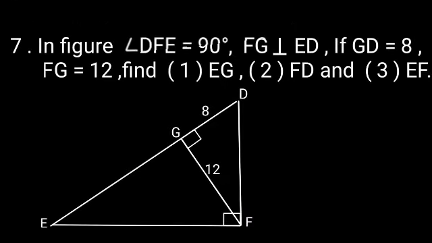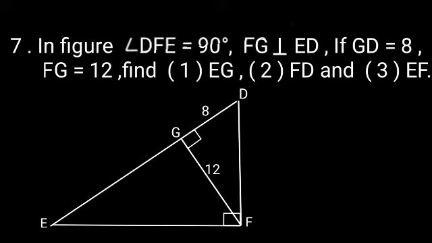Example number 7. In the figure, angle DFE is equal to 90 degrees. FG is perpendicular to ED.